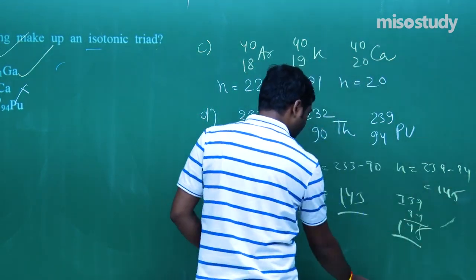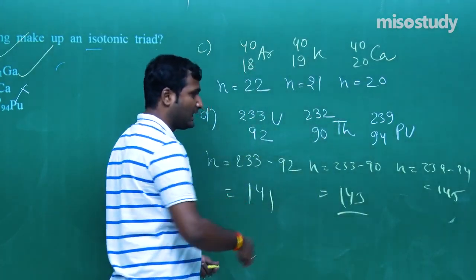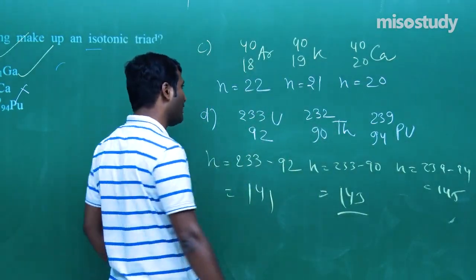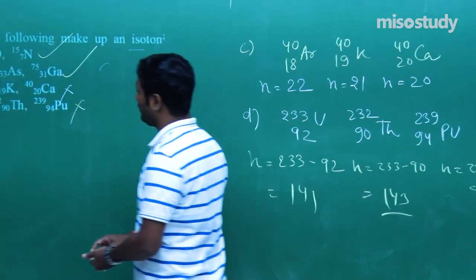If you compare these numbers of neutrons, they do not contain an equal number of neutrons. So these are not isotones, and this is also a wrong answer.